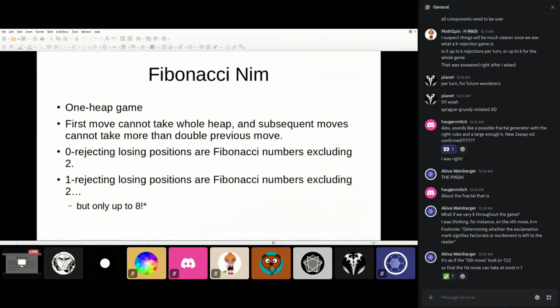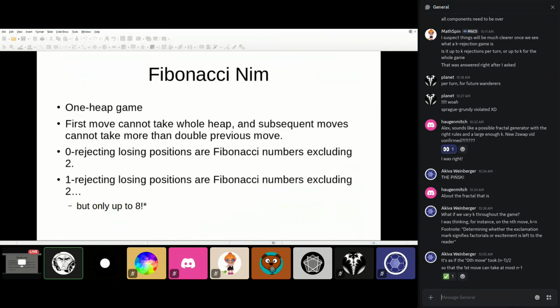Like in Nim, we're used to the whole state of the game being the number of things in the pile, but in here there's actually 3 states. Is it the first turn, what is the maximum number of chips you can take on the next move, and then how many chips are left. So you have to track all 3 of those in your game tree.